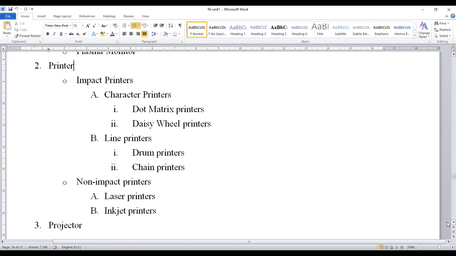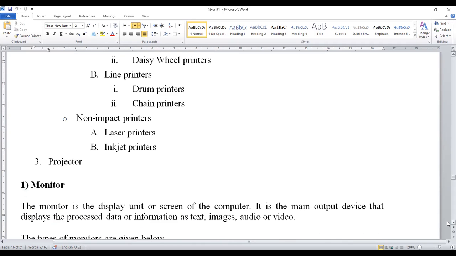The non-impact printers are laser printers and inkjet printers. Next, projectors. A projector is also a type of output device.